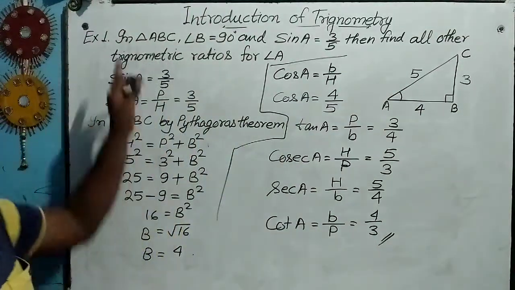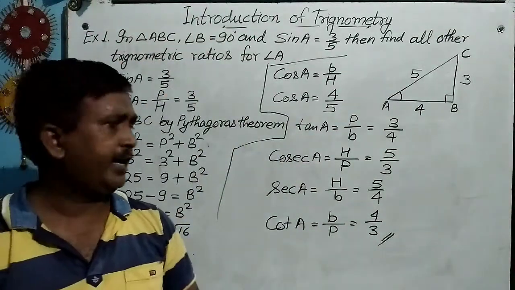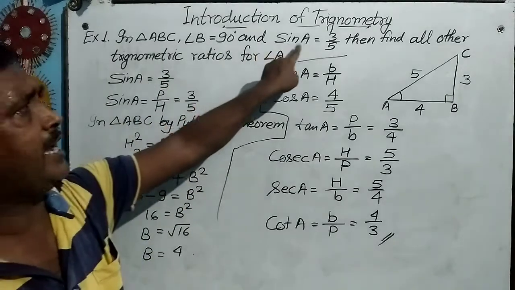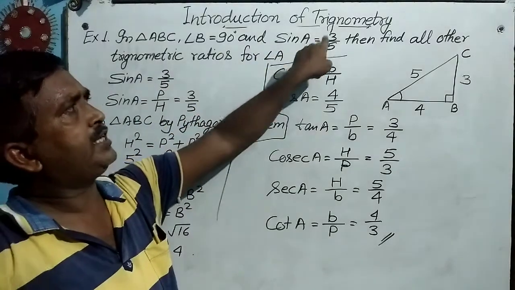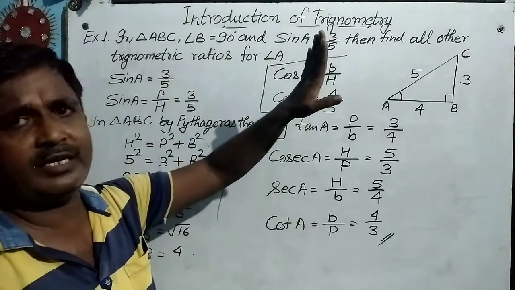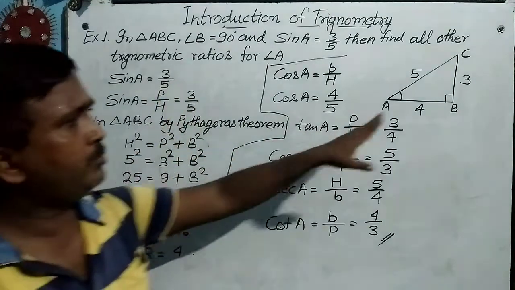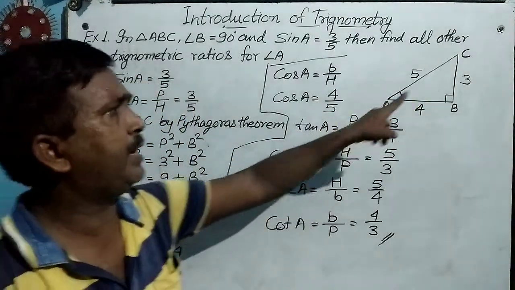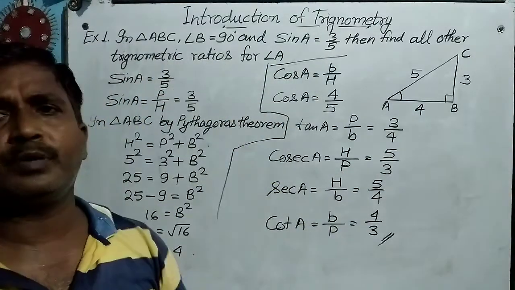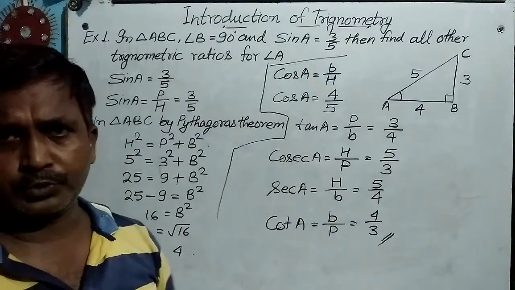In this way this question is completed, and in other questions also, if sin A is given, then you can solve like this, or if cos A is given, then write down base upon hypotenuse and then find out the third side by Pythagoras, and then use the formula for these ratios.